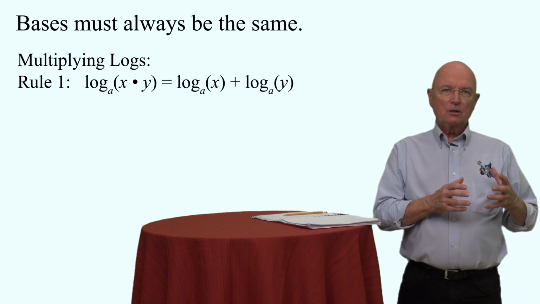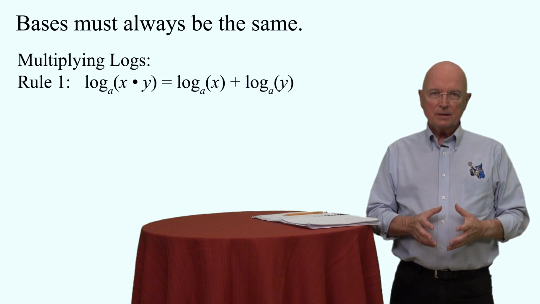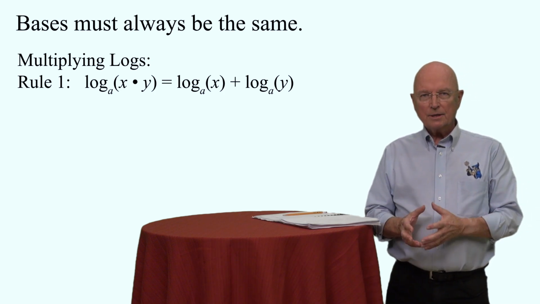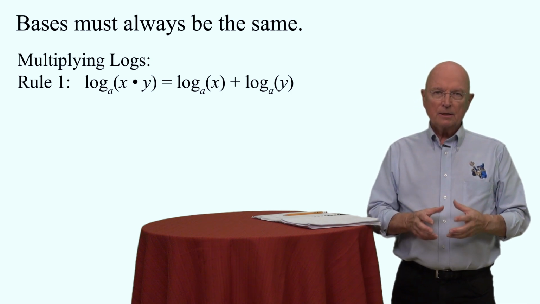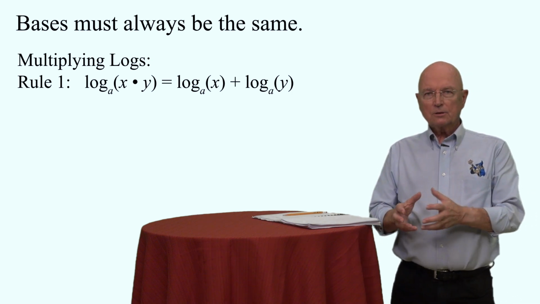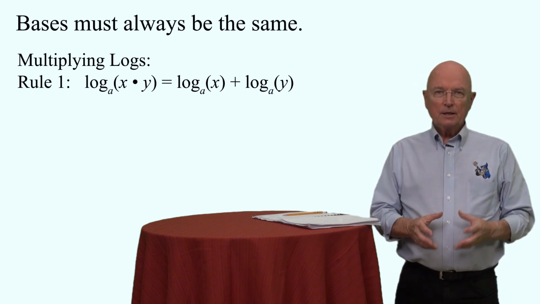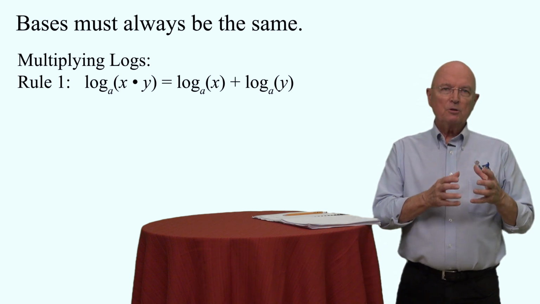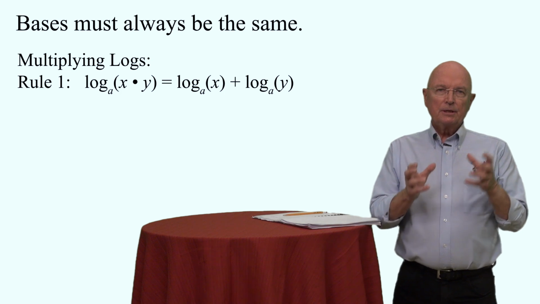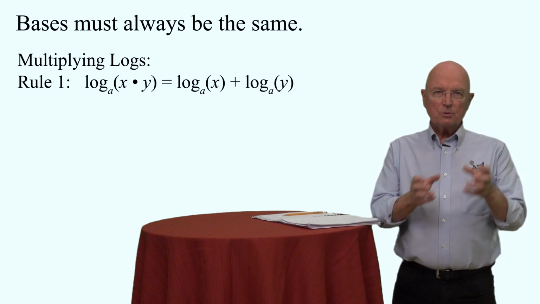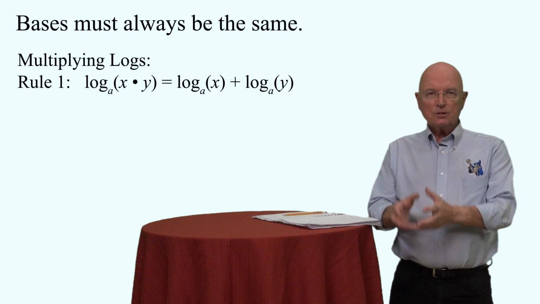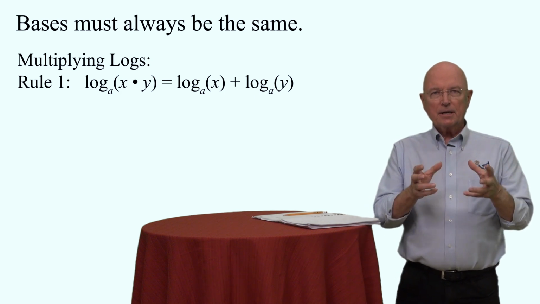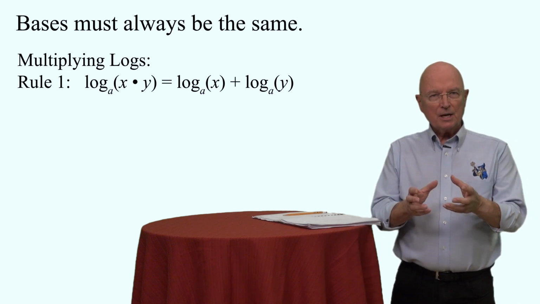So if you have log to the base a x times y, that would be equal to the log of a to the x plus log of a y. Because think about this. When you multiply exponents, don't you just add them? So we're doing exactly the same thing. So if we had x squared times x cubed, we just add the exponent. So we're doing the same thing with multiplication.